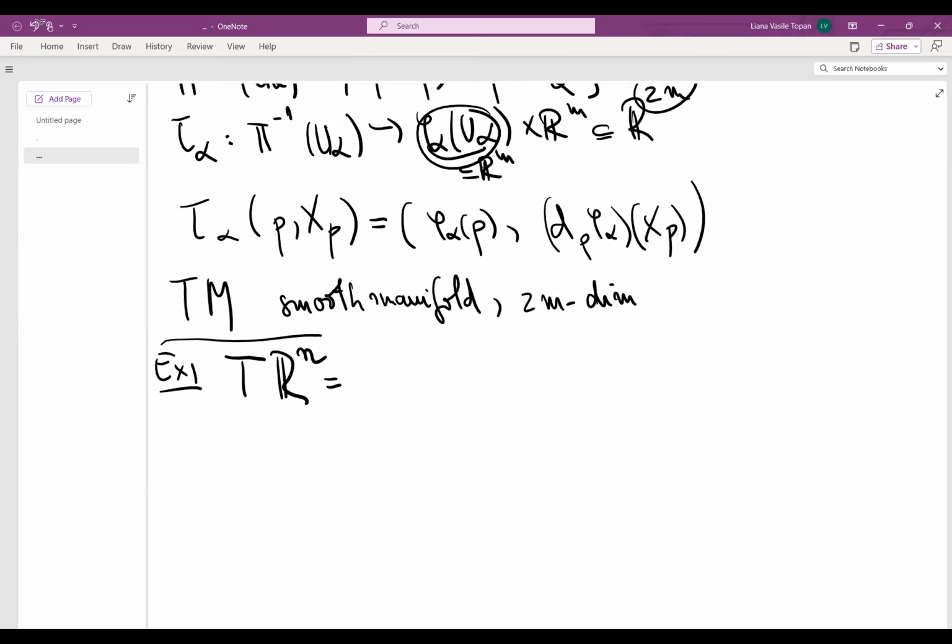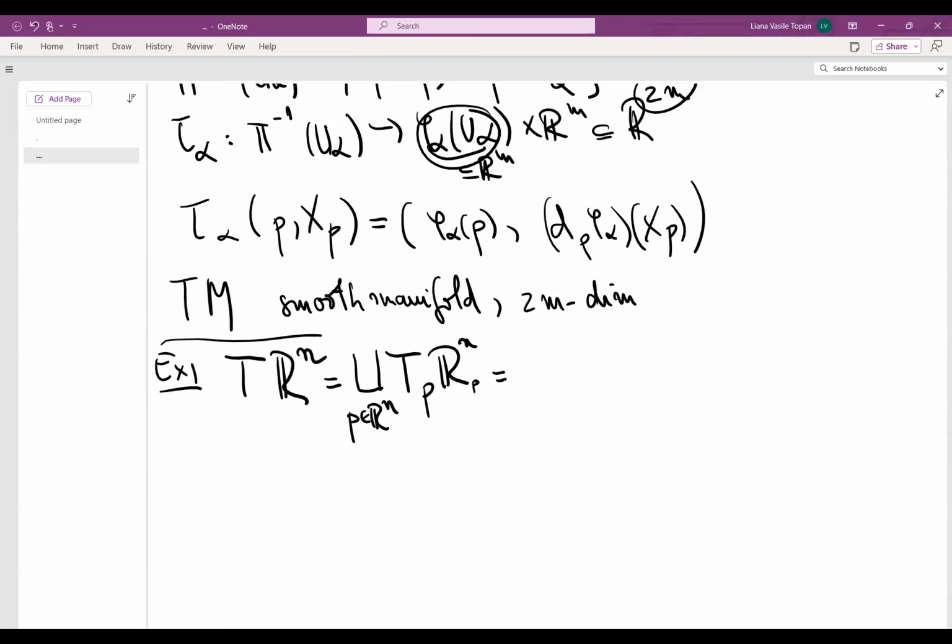By definition, remember, this is the disjoint union of the spaces tangent at any point of the manifold, so R^n, to the space R^n. I'm going to put here P just to show that this is the space R^n at P.